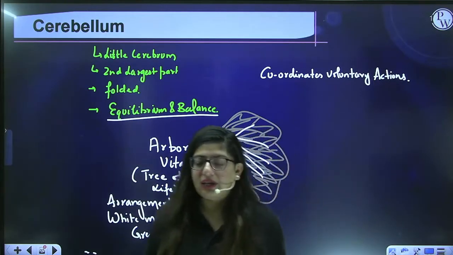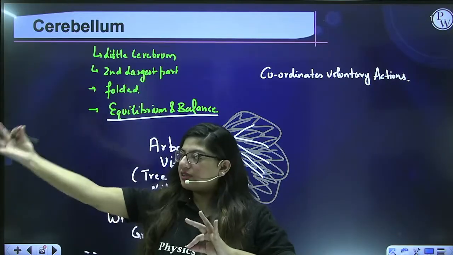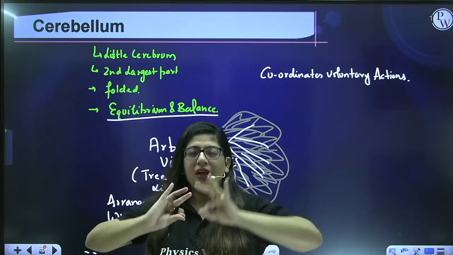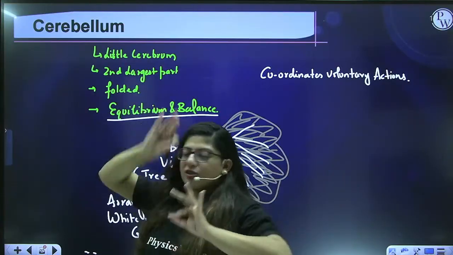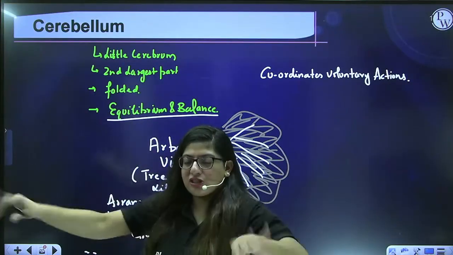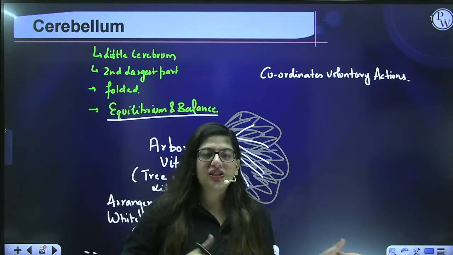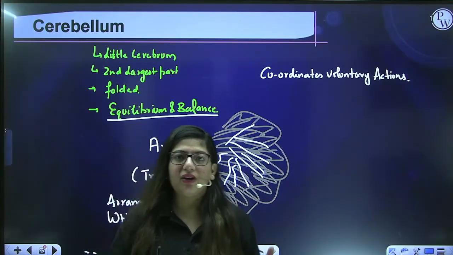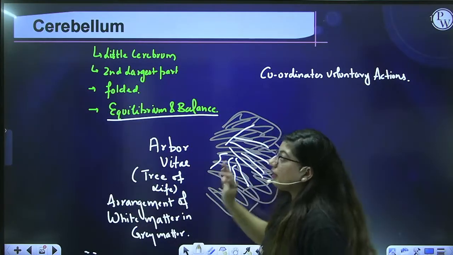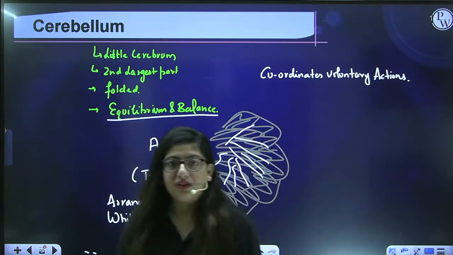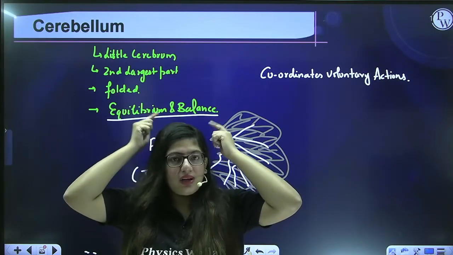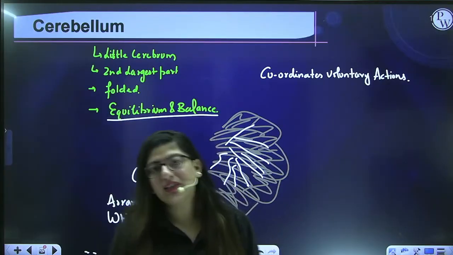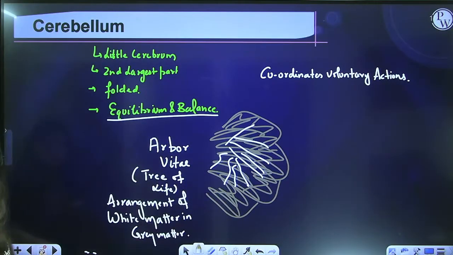For example, like I started dancing. So my coordination between my steps is controlled by my cerebellum. But the initiation of voluntary activities is done by my cerebrum, and its coordination is done by my cerebellum. Okay, that's about the cerebellum, guys.